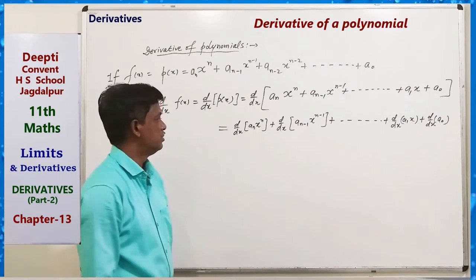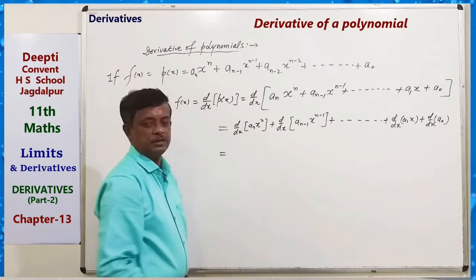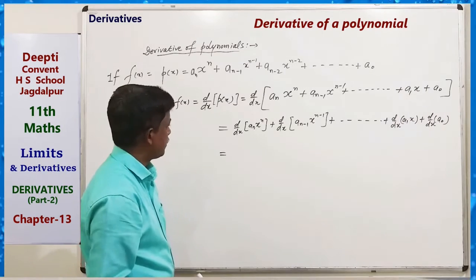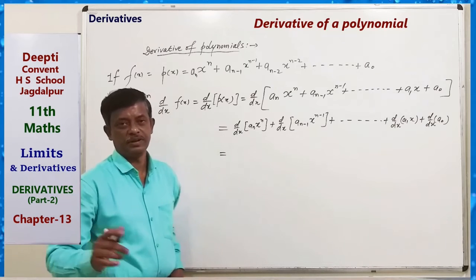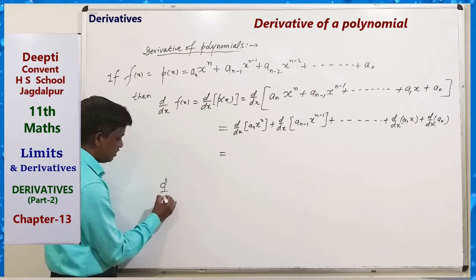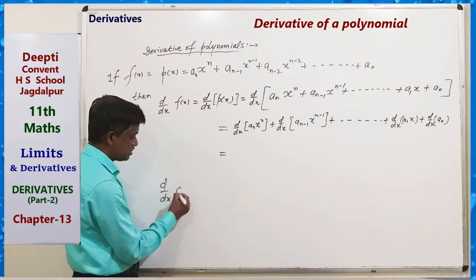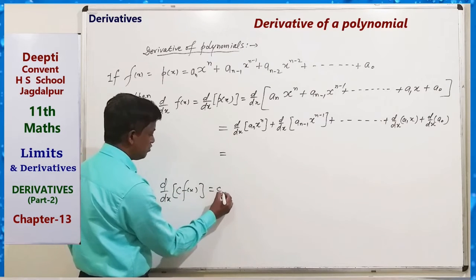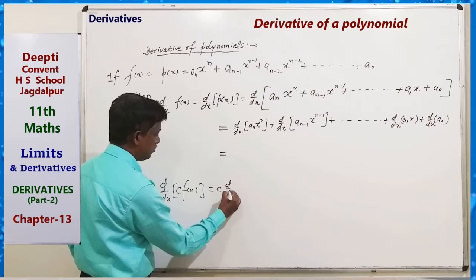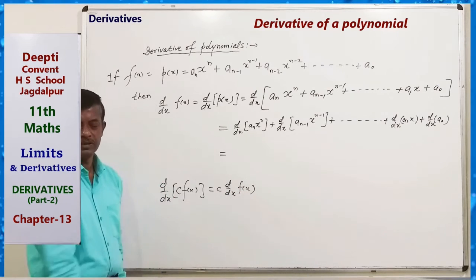Just distribute. Now, in differentiation, a constant term can be taken outside. Just remember it. Just like the derivative of constant c times f(x), we can write c outside and the derivative of f(x). Linearity property.